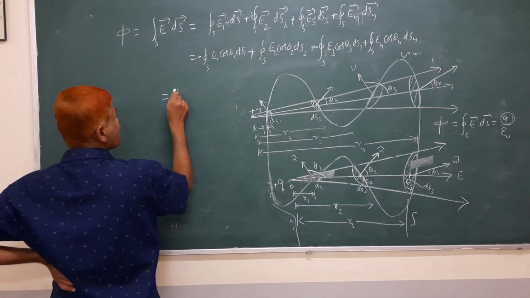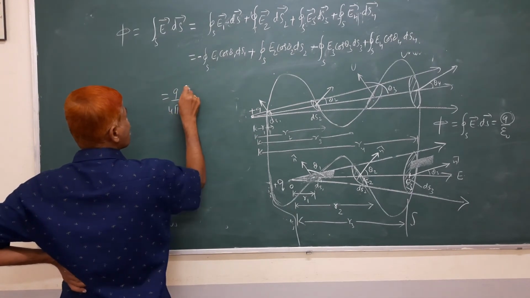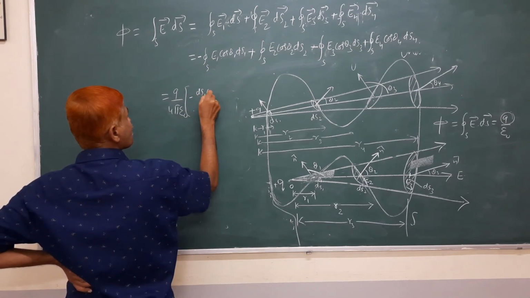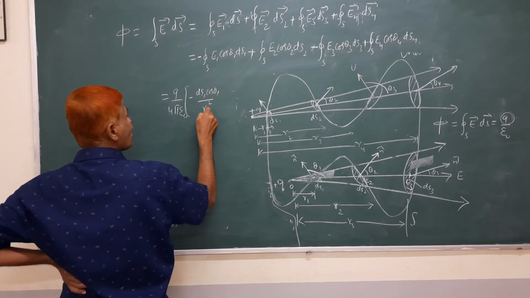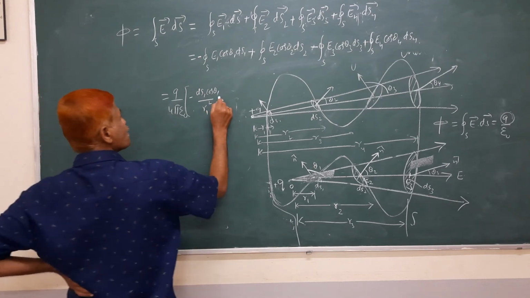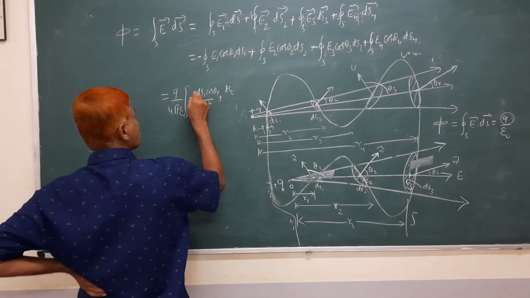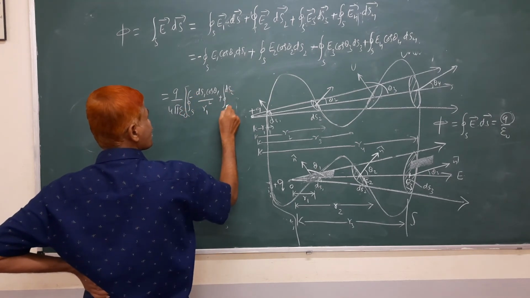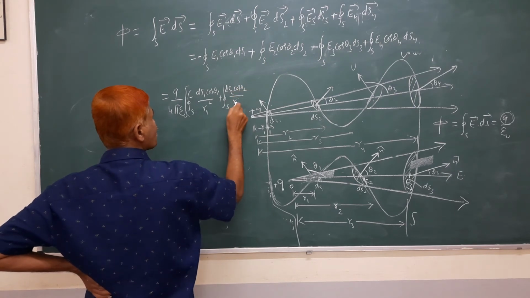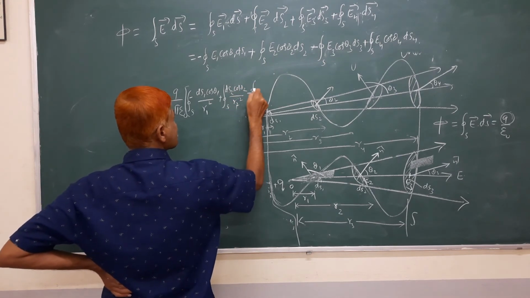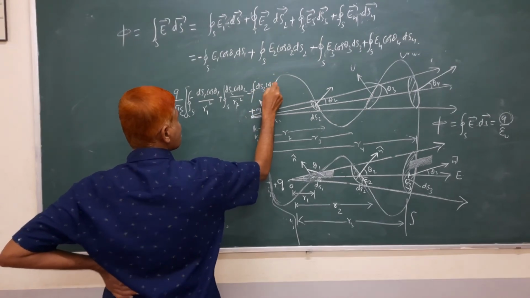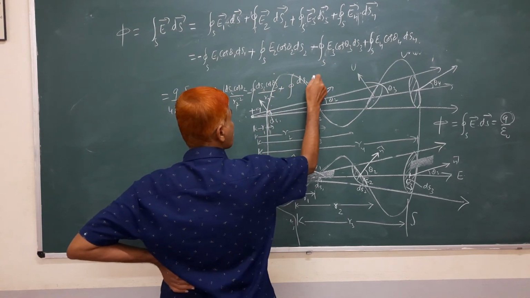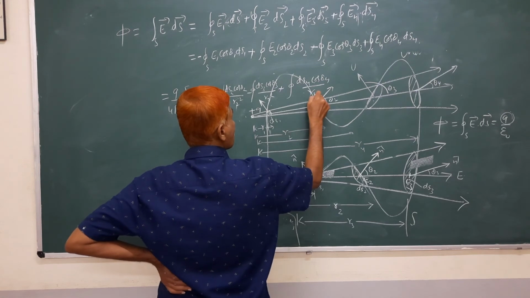If I take q divided by 4 pi epsilon, then this becomes minus ds1 cos theta 1 divided by r1 square, similarly plus ds2 cos theta 2 divided by r2 square, minus the surface integral ds3 cos theta 3 divided by r3 square, plus the integration ds4 cos theta 4 divided by r4 square.